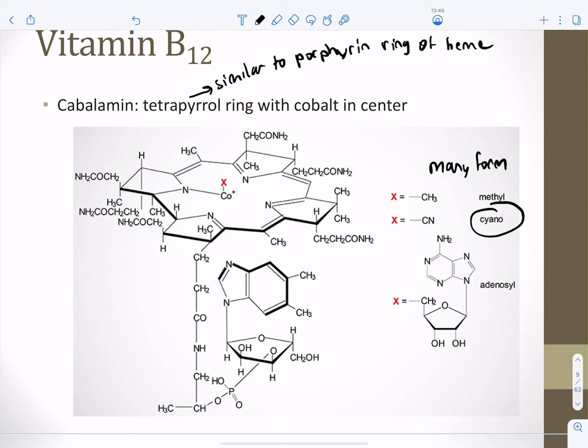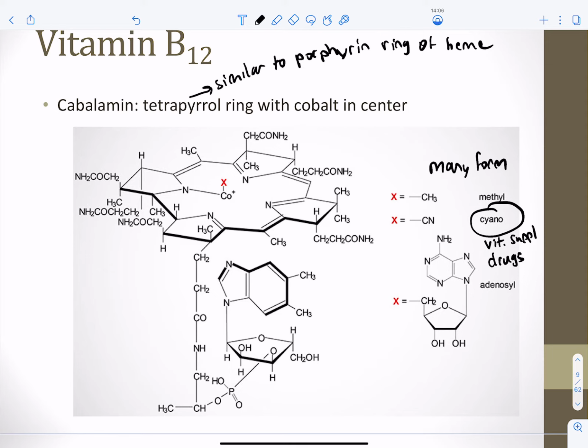Our cyano group is going to be the group mainly used for vitamins and for drugs. They're going to use the cyano in that X position.